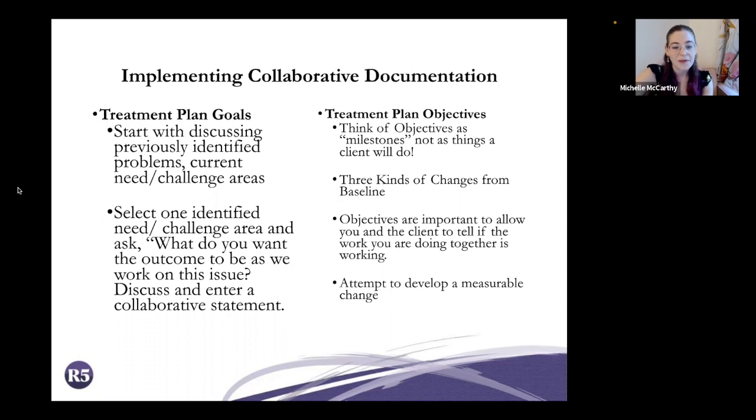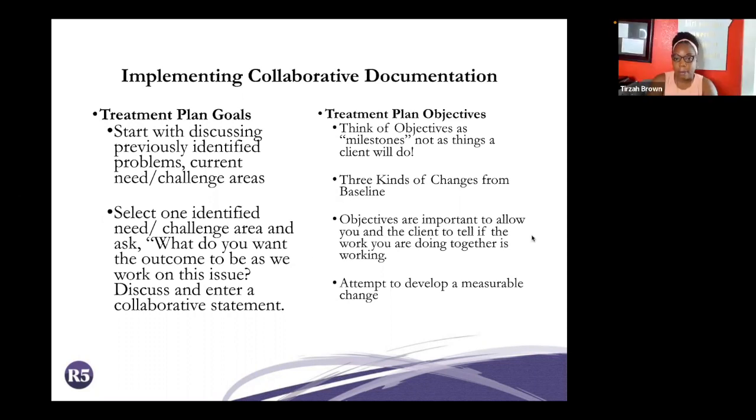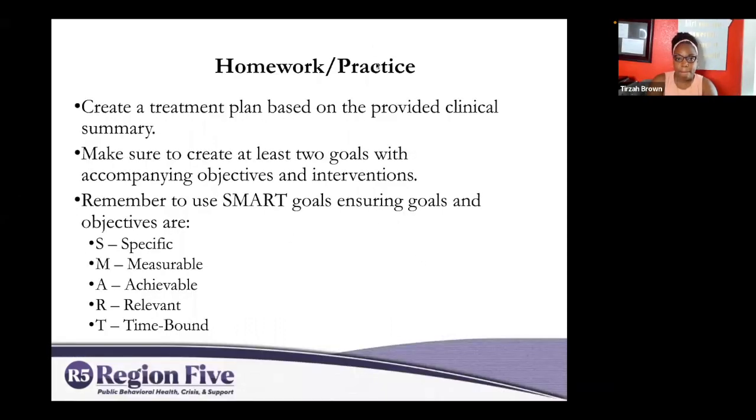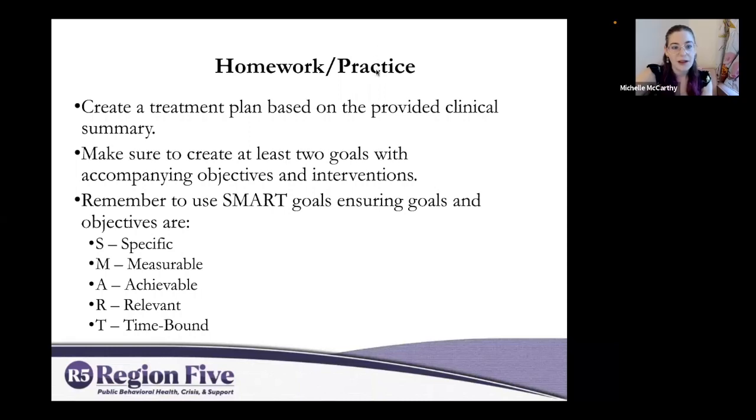Okay, so the last piece of this is a little homework assignment. You're going to get emailed a case scenario, or a little clinical summary, essentially. And you're going to create a treatment plan based on the provided information.